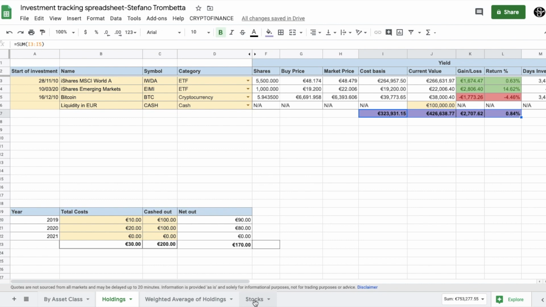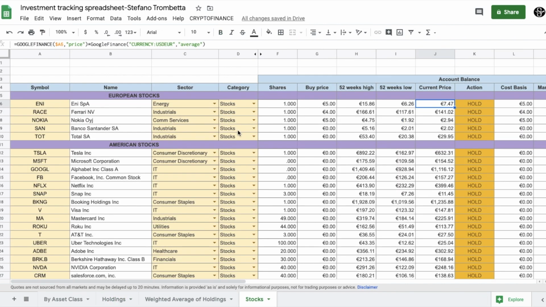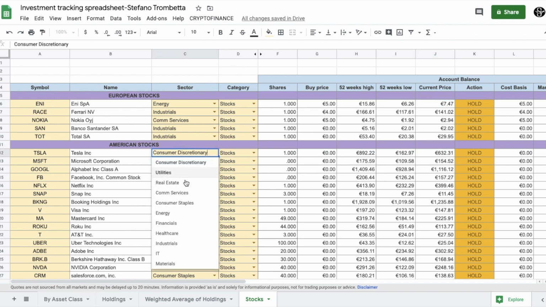Okay, then let's move on to the stocks. I divided them into European stocks and American stocks. Here you can just type the ticker. It will automatically type in the name. Here you can change the sector that it's in.